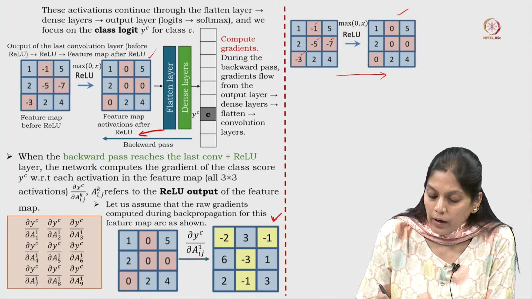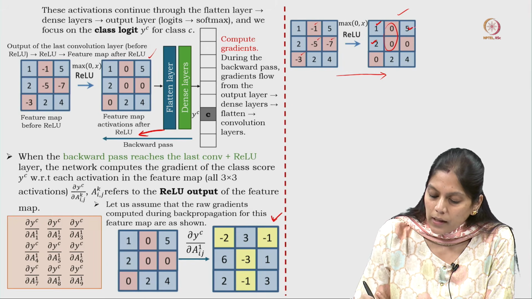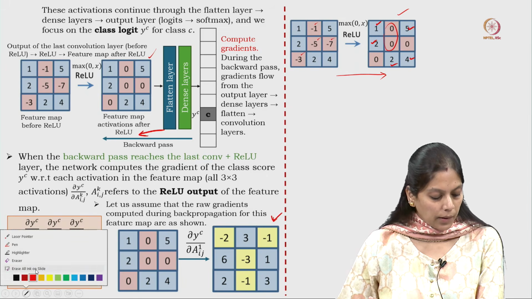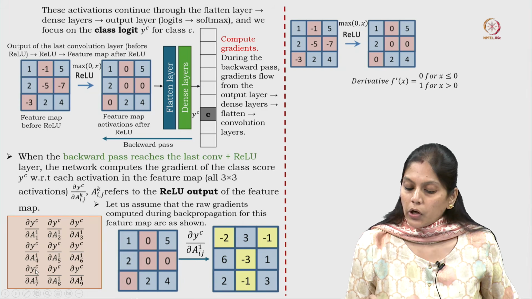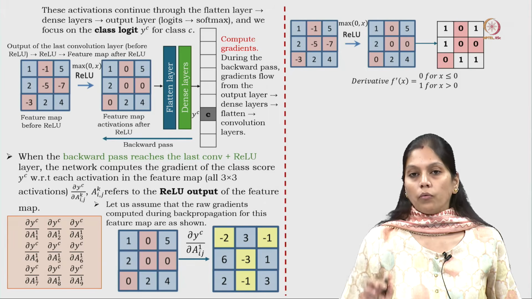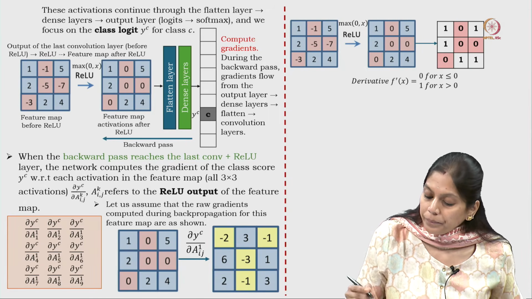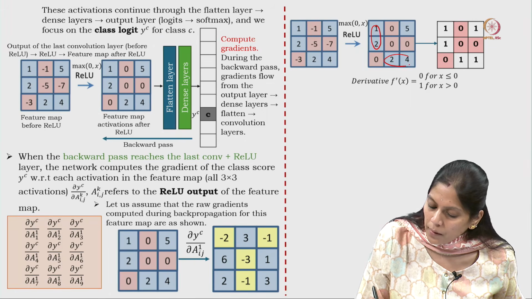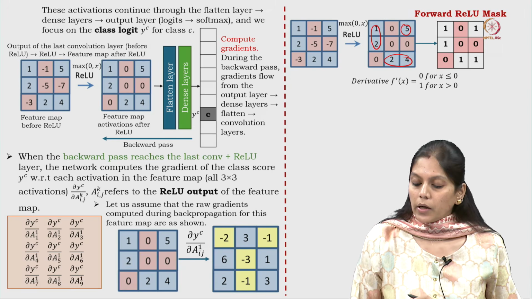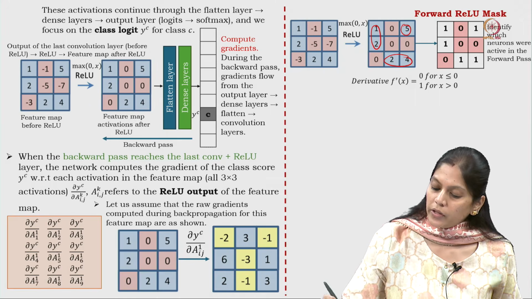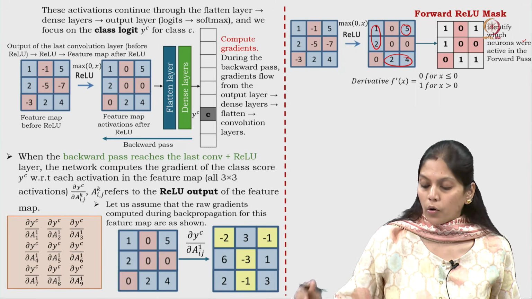When you pass them through ReLU, they become 0, which means the positive neurons are these. So, the forward ReLU mask is telling which neurons were actually positive during the forward pass. In the forward pass, these are the neurons that are positive. That is what a forward ReLU mask is, and it identifies which neurons were active in the forward pass.